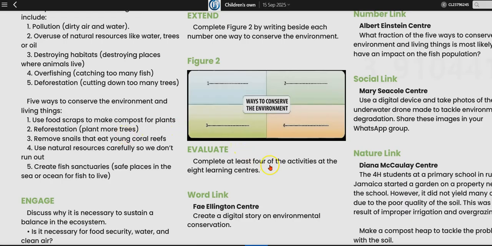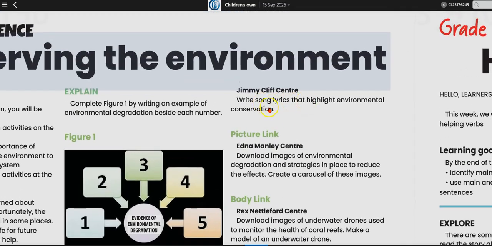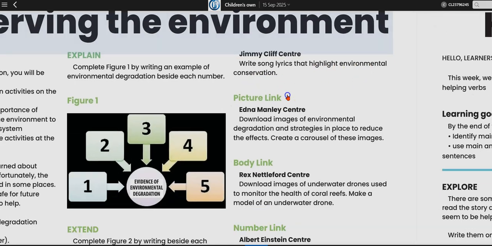Evaluate. Complete at least 4 of the activities at the 8 learning centers. So here we go. At the Faye Ellington Center, create a digital story on environmental conservation. Jimmy Cliff Center, write song lyrics that highlight environmental conservation.